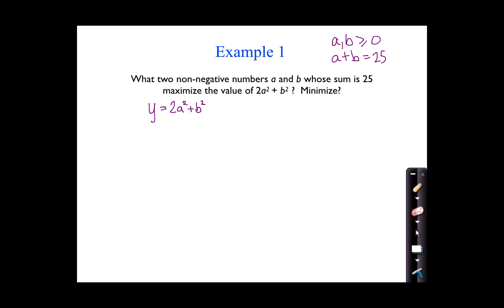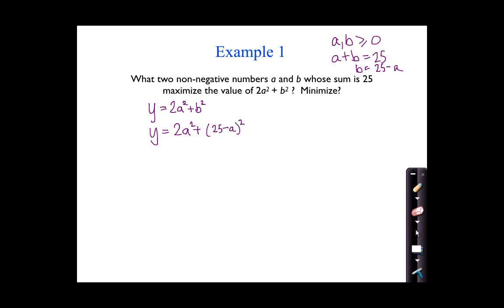But since a and b are both non-negative, I can express one in terms of the other. So instead of having a plus b equals 25, I could say b is 25 minus a. So I could write this in terms of one variable: 2a squared plus (25 minus a) quantity squared.